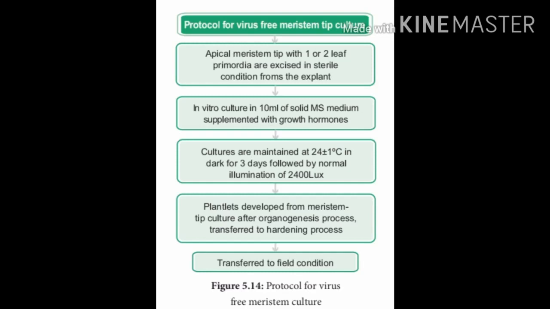Plantlet developed from meristem tip culture after organogenesis process is transferred to hardening process, and finally transferred to the field condition. So this is how virus-free plants are produced through the culture media. So very much useful for the farmers to get themselves protected from the virus. So meristem culture helps in virus-free production of the plants.